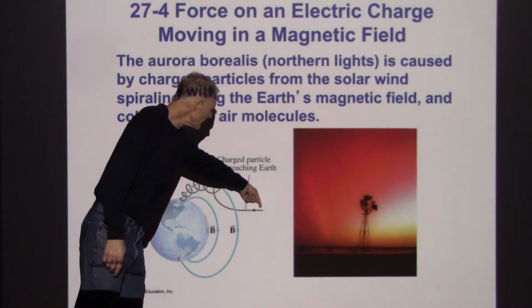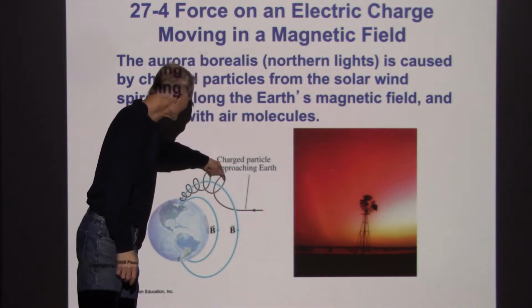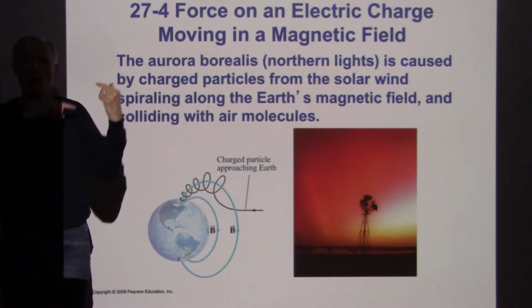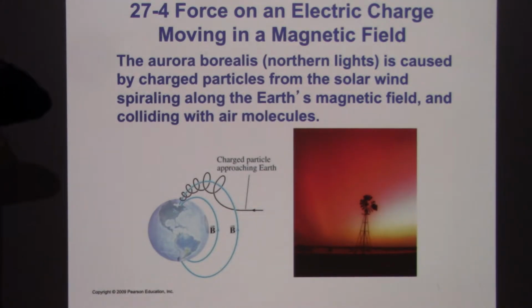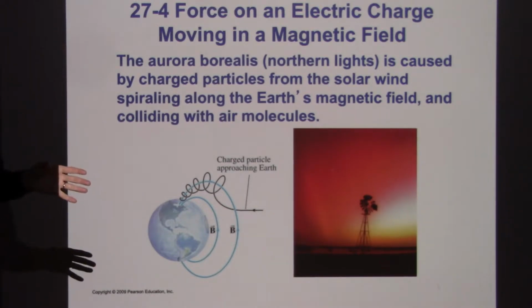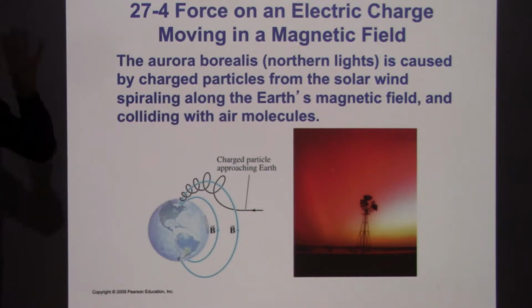And the magnetic field of the Earth redirects those charged protons and electrons so that they follow Earth's magnetic field lines, and it directs them away from the mid-latitudes and the equator regions, and then most of those charged particles are going to enter through the Earth's atmosphere in the polar regions.